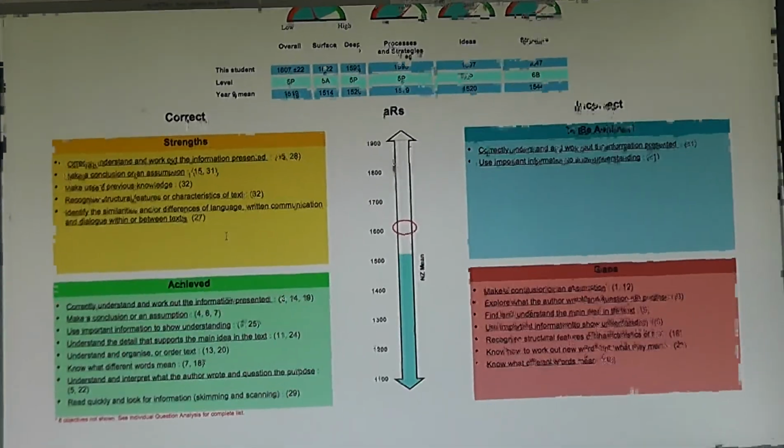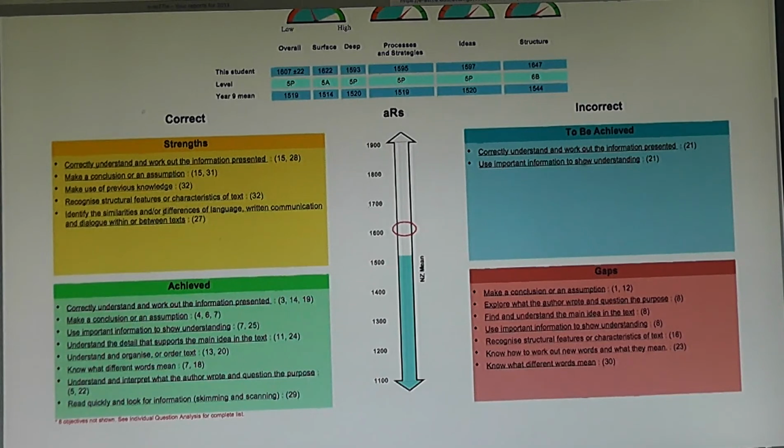Now this left hand side is everything in the test that they got correct, and everything on the right hand side is everything that they got wrong. So what does it mean by achieved and what does it mean by strengths? Well, achieved means that the test has been designed to be at the level that this person is currently comprehending text at.